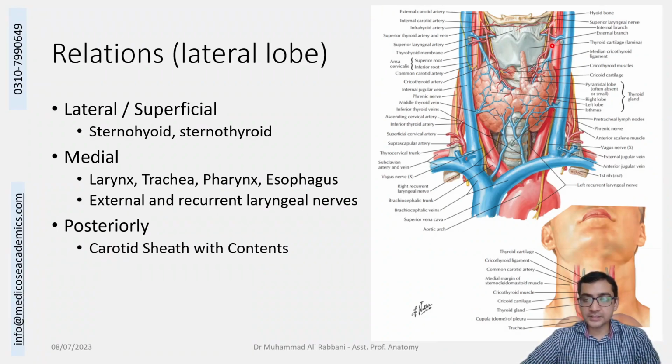If the surgeon is not careful, the superior laryngeal nerve can get tied up in the knot, ligated along with the artery also. So you have to remember very carefully the relation of the nerve with this artery.